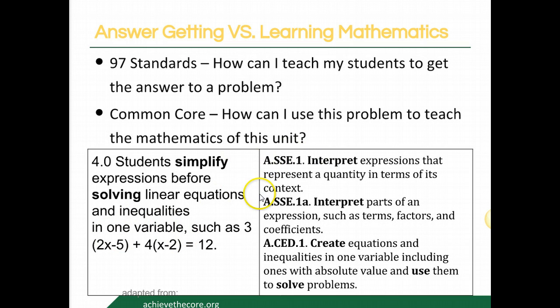Over here, if we look at the Common Core standards, it's not simply about simplifying and doing the math, but it's really about understanding the math. So they are supposed to interpret expressions that represent a quantity in terms of its context, and interpret the parts of an expression, such as terms, factors, and coefficients.